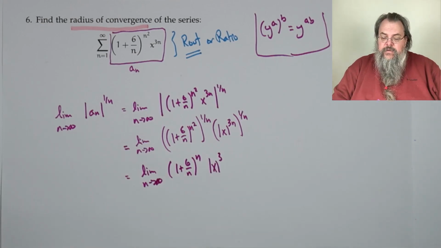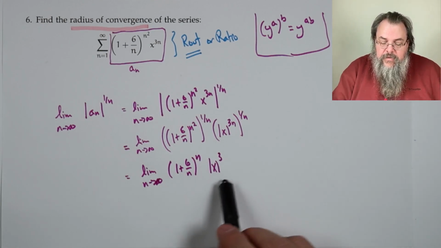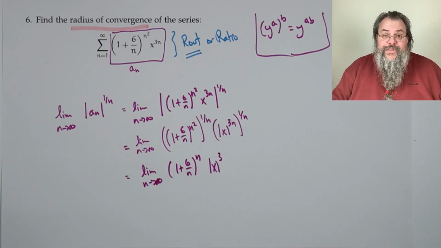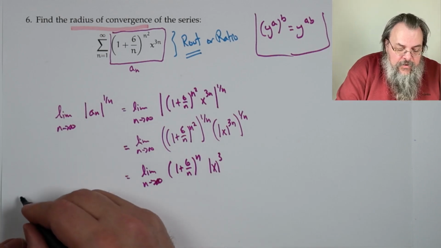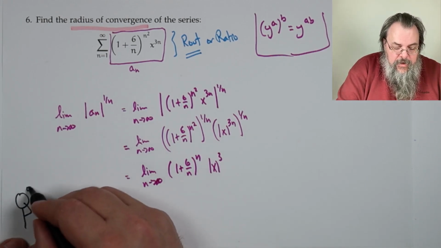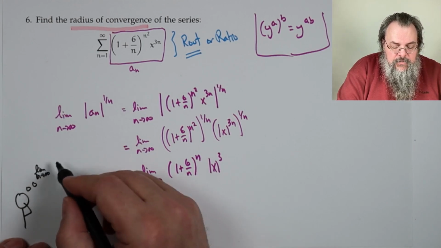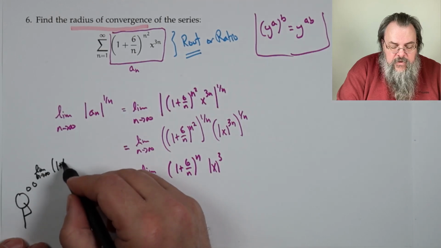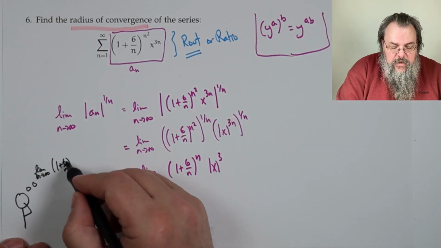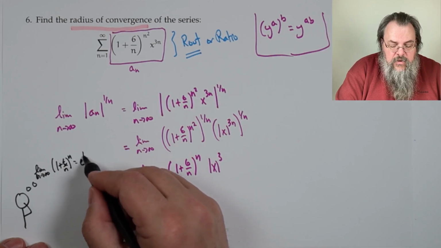Okay, so let's pause and say, well, hey, we don't need to worry about this part. How do we handle this (1 plus 6 over n) to the nth power? And so we start thinking to ourselves, what to do? And then we're like, oh, wait a second. There's this nice fact on the formula sheet. It says the limit as n goes to infinity of (1 plus t over n) to the nth power is equal to e to the t.